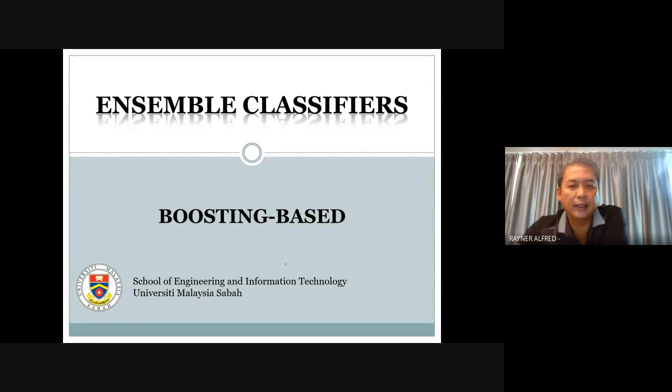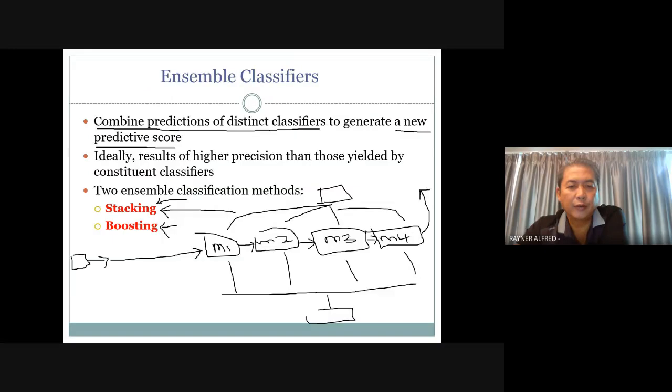Okay, the next one is boosting. If we refer to the previous one, in boosting, given a new document here, what we want to do is feed this new document into classifier model 1, and then whatever result we get here, we pass to model number 2.